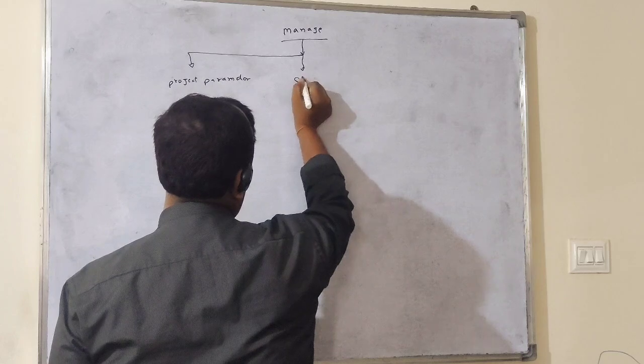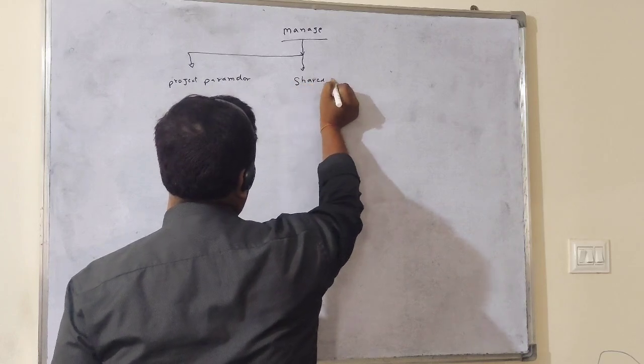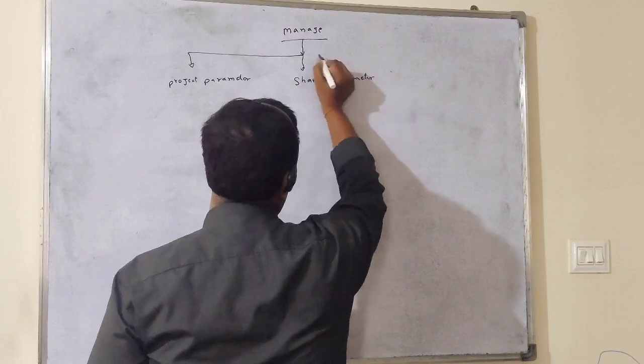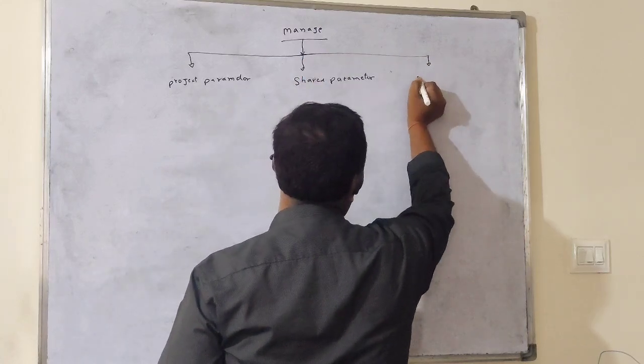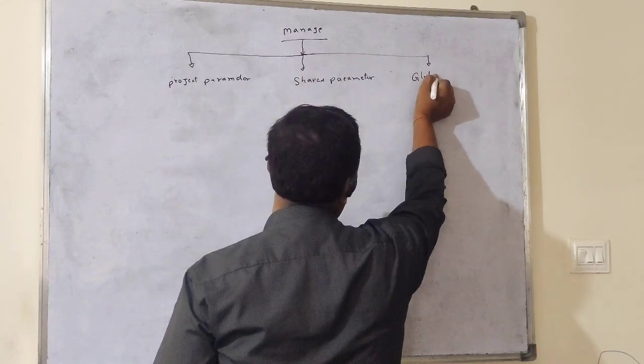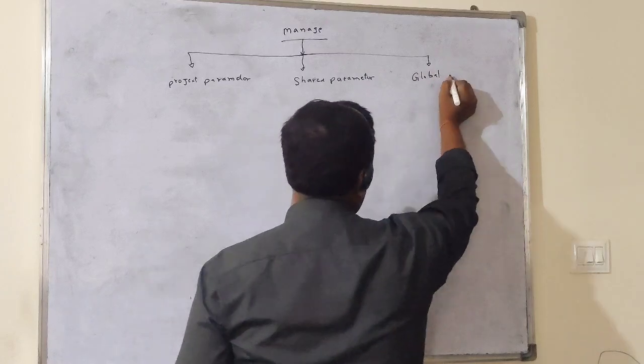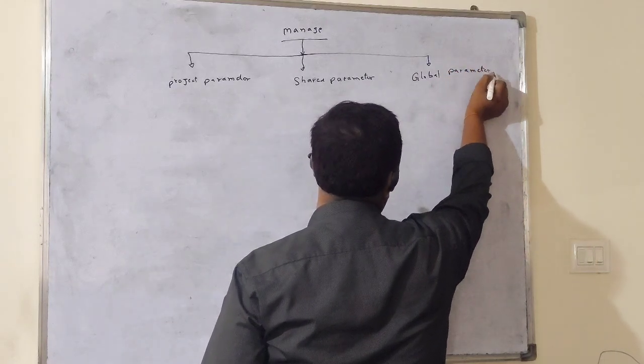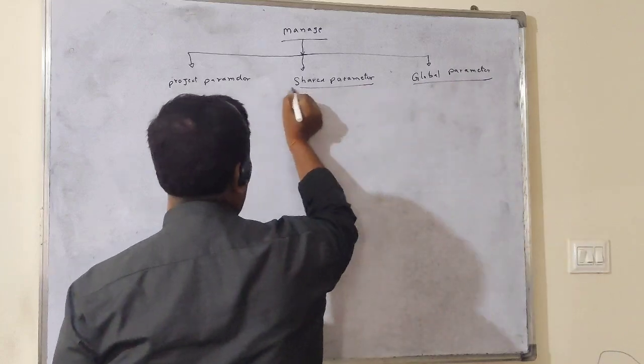Next, shared parameters. And global parameters. Okay, so you can see in the manage menu there are three types of parameters.